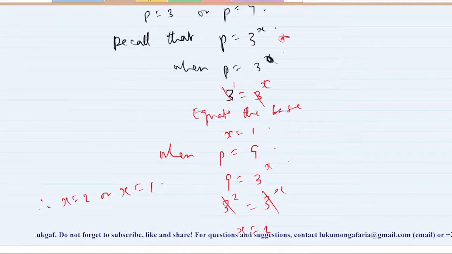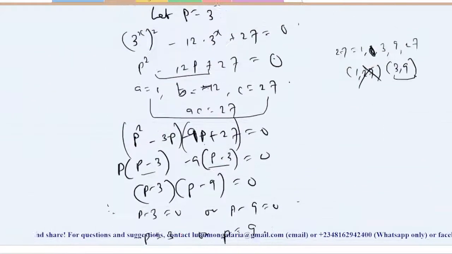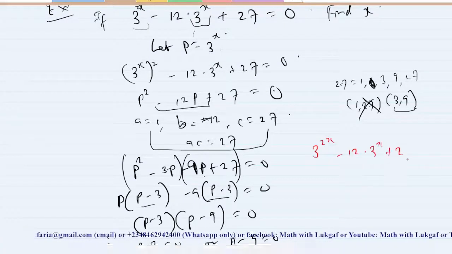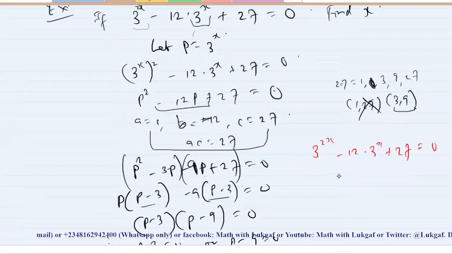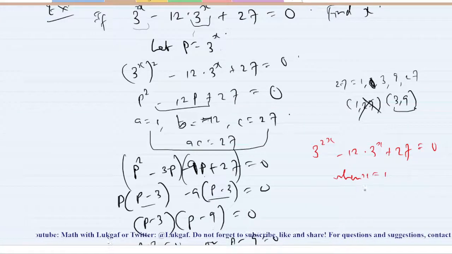You can see it is very simple. We can test that in the question. Let's say I have 3 raised power 2x minus 12, 3 raised power x plus 27 is equal to 0. So when x is equal to 1, if you substitute the value of x to be 1, this is going to be 3 raised power 2, that's 9, minus 12 times 3, right?